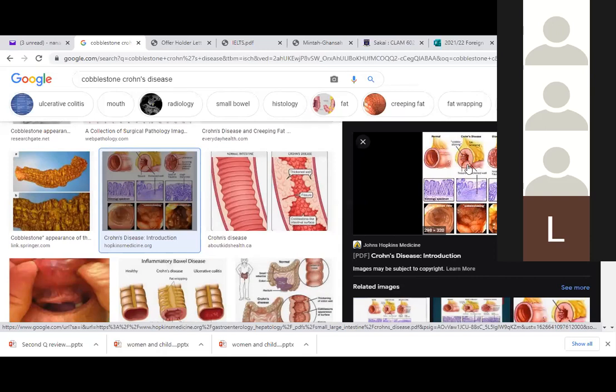The wall looks thickened and the inner aspect looks narrow. That's a classic thing about it. It has a thickened outer wall because of the inflammation, and because the inside is also inflamed, it becomes narrow. And then you have the classic cobblestone appearance in there. Whereas ulcerative colitis is just going to be the inside where your issue is.